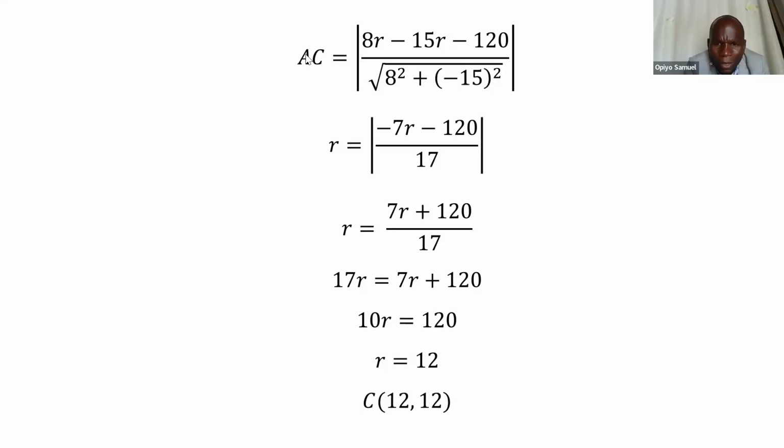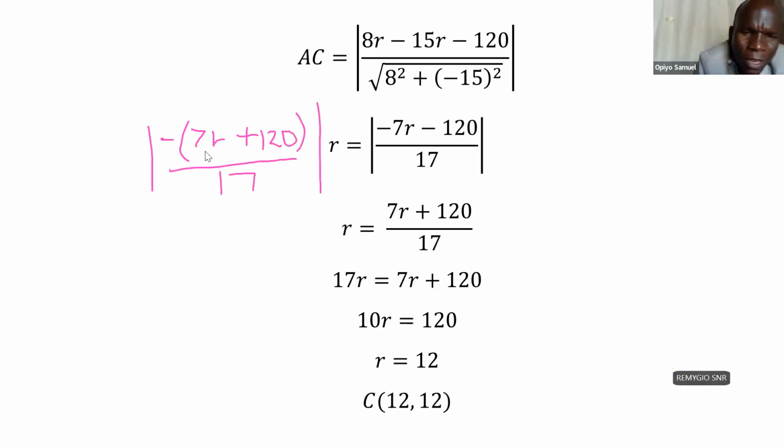Okay, thank you. Now for this part, remember, we have the modulus of, when we pull out the negative, negative (7R plus 120) over 17. Are you there?